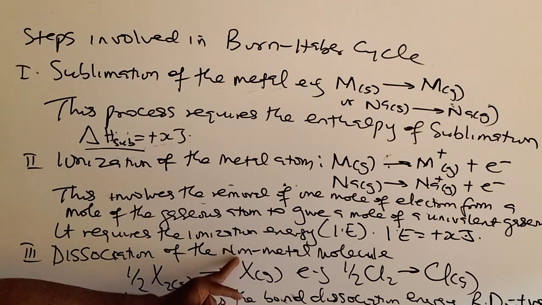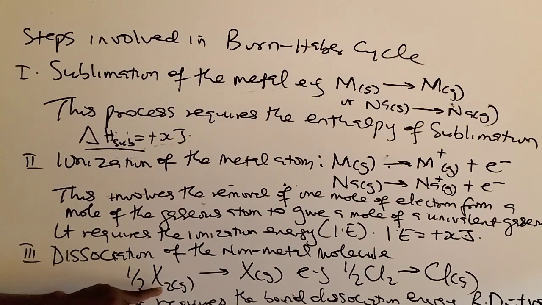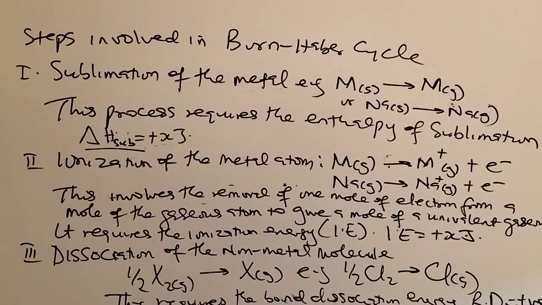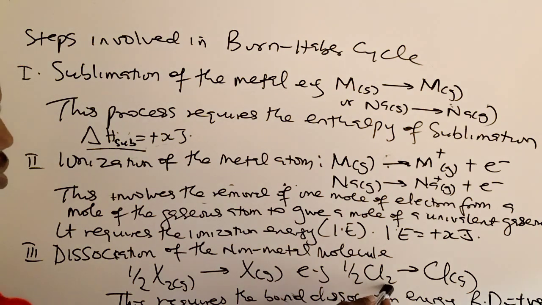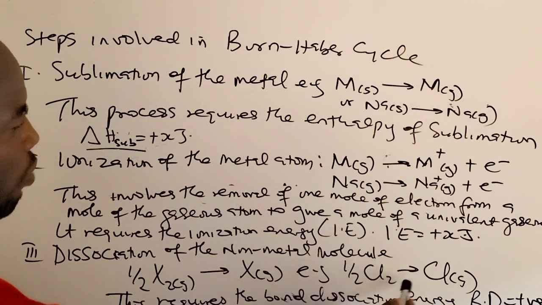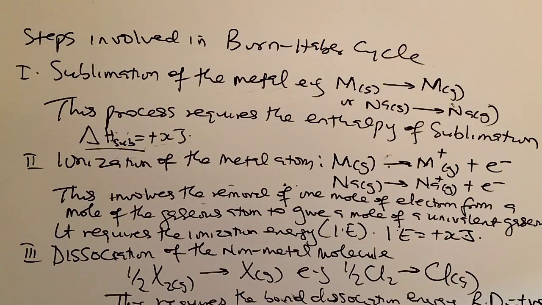We are producing 1 atom of it in the gaseous state, so to balance the equation you put a half, because half times 2 gives you 1. For example, with chlorine, half Cl2 gives me Cl gas. The energy required to dissociate half a mole of chlorine molecule to 1 atom of chlorine is the bond dissociation energy, which is also a positive value. We now go to the other energies required in the Born-Haber cycle.